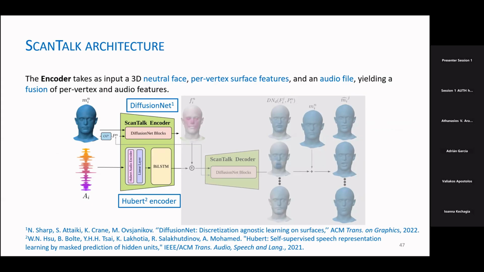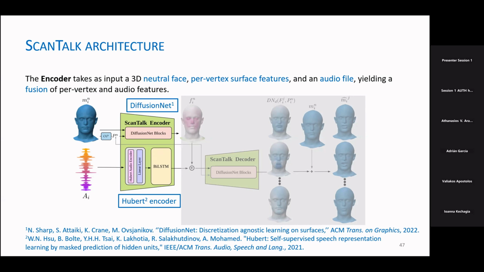The encoder part includes again an encoder for the speech signal. In this case we use the HuBERT encoder that captures the information in the speech track. And on the other side, for the 3D part, again, we have the input 3D neutral face, and from this face we extract some features using these DiffusionNet blocks.